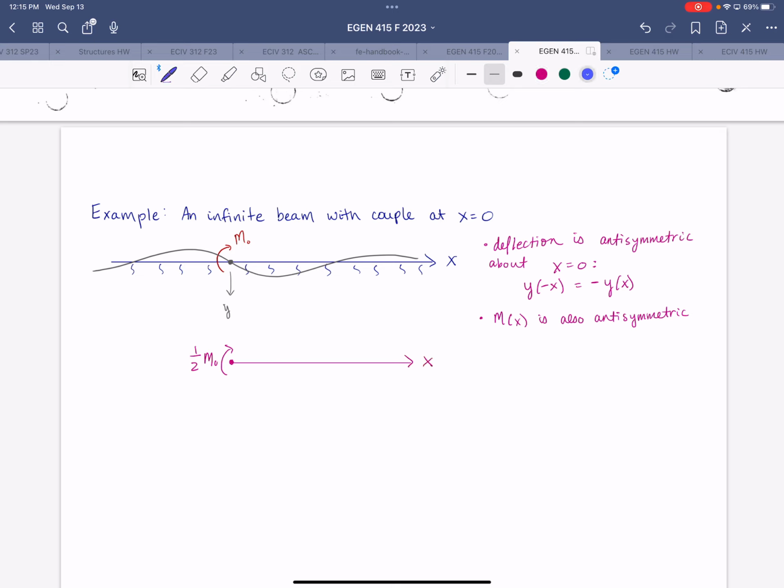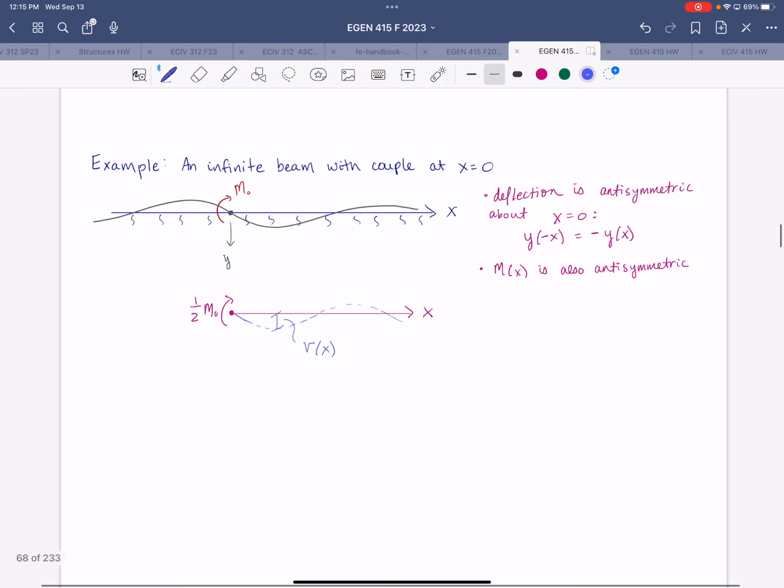All right, and then the deflected shape would look something like that, right? With the maximum magnitudes decreasing with distance from x. So that deflection would be your lowercase v of x.